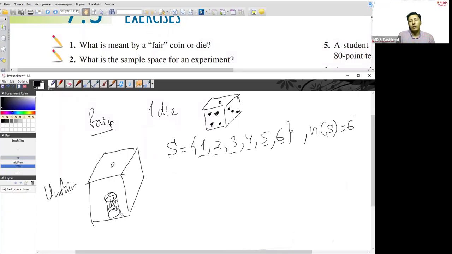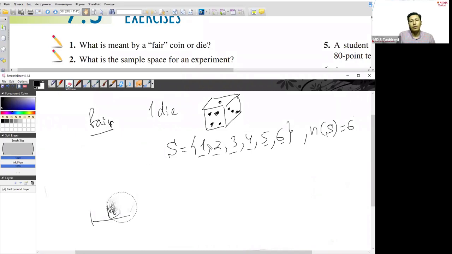So when you roll it, you always get 6. That's the unfair one. Understand? The opposite is fair. So sample space is all the possibilities. Understand?